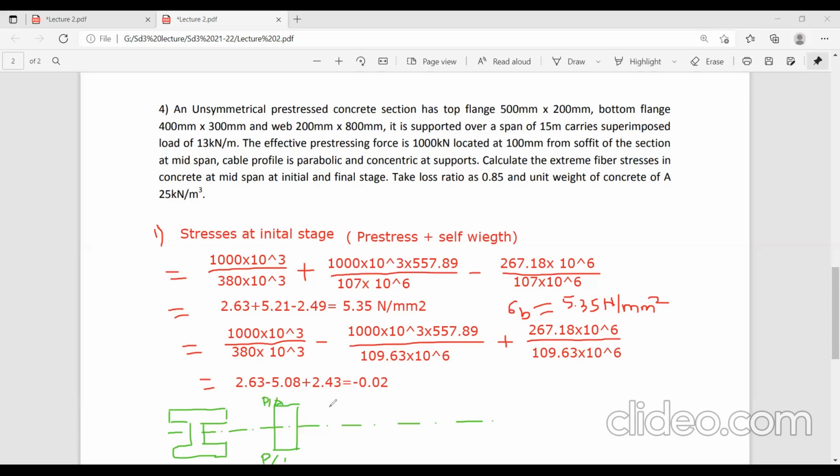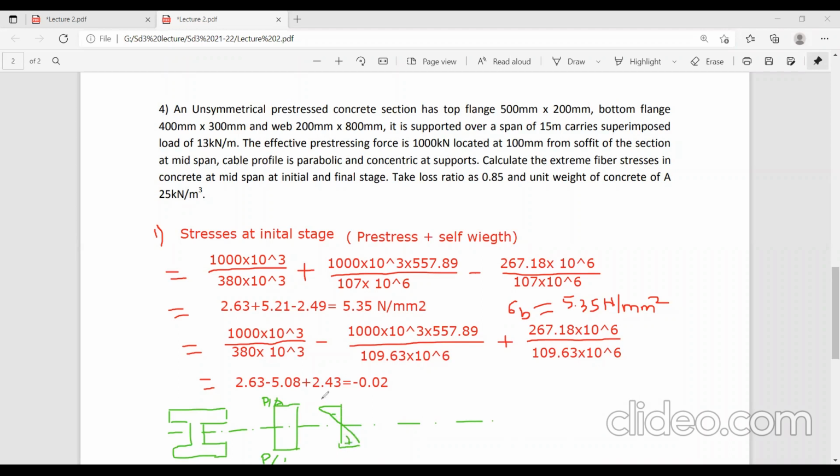See here, due to the pre-stressing force, at the top it is tension, at the bottom it is compression. This one is minus, this one is plus.